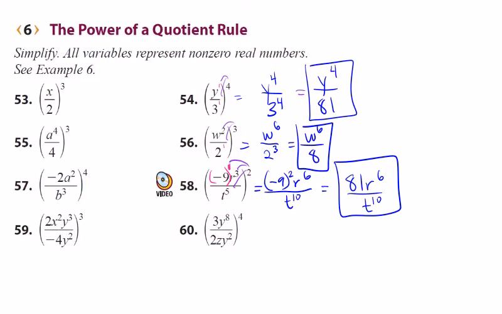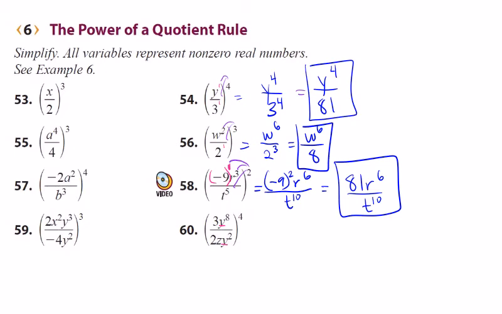But on number 60, we do have some simplifying that we can do inside the parentheses. So for example, here we have a y on top and a y on bottom, right? Can't do anything with 3 over 2, can't reduce that. There's no other z there, so the z is kind of on its own. But with the y's, we can use the quotient property. So let's do that.